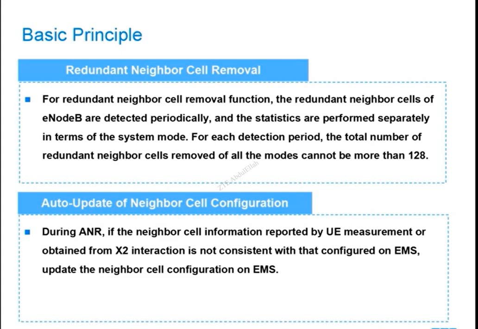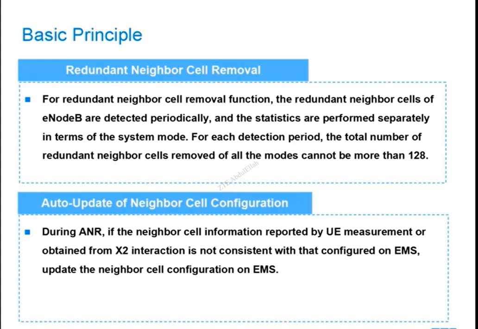For this function, the redundant neighbor cells of the node B will be detected periodically, and the statistics are performed separately in terms of the system mode. For each detection period, the total number of redundant neighbor cells removed across all the modes cannot be more than 128.